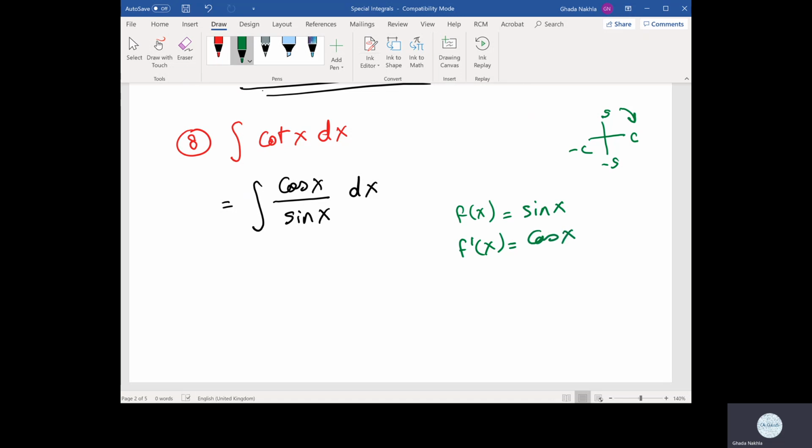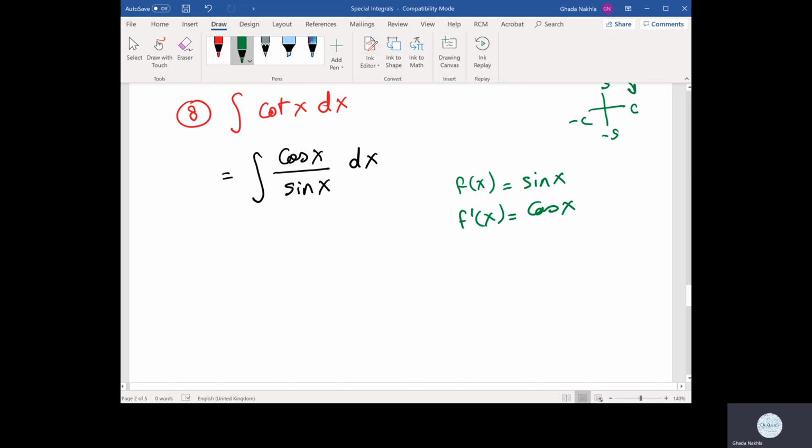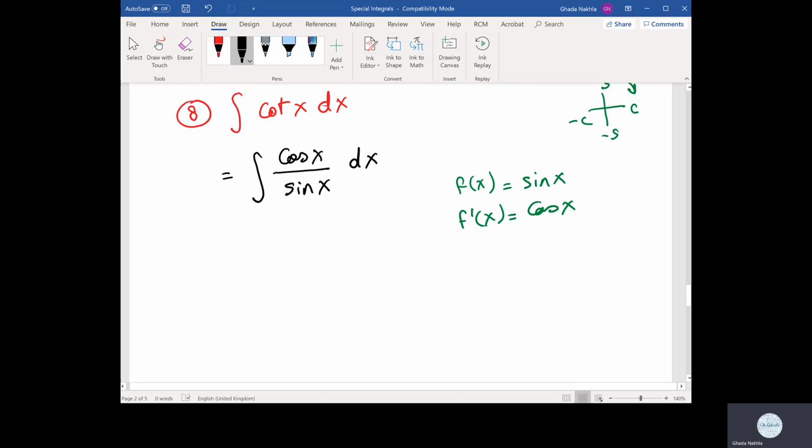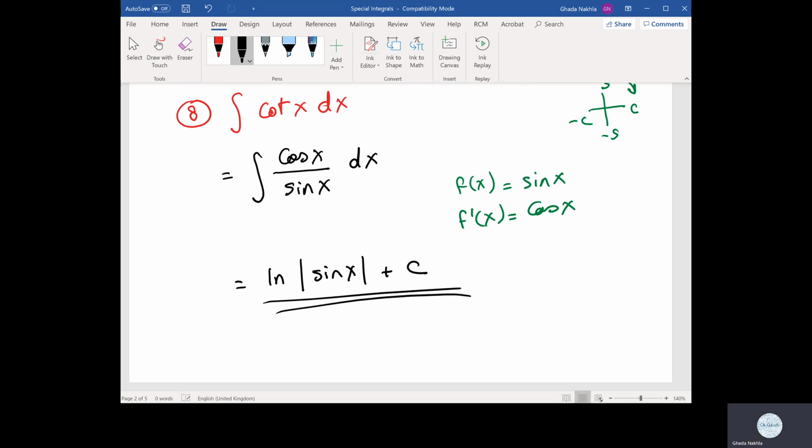Is the numerator the derivative of the denominator? And the answer is yes, it is. Therefore, my integration is equal to ln mod of sine x plus c. And that's how they got it in the formula book, because the top is the derivative of the bottom.